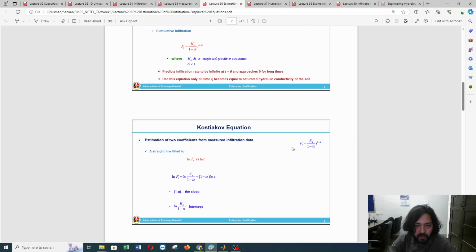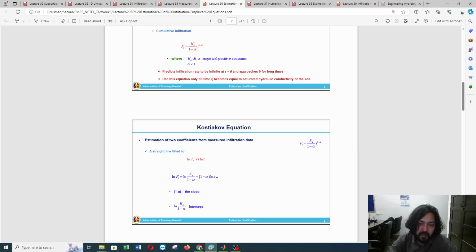If you look at this equation, they have taken natural log on both sides, right? This equation represents y equals mx plus c. The first term is c, that is natural log of k divided by 1 minus alpha. This term represents c, it gives us the y-intercept.